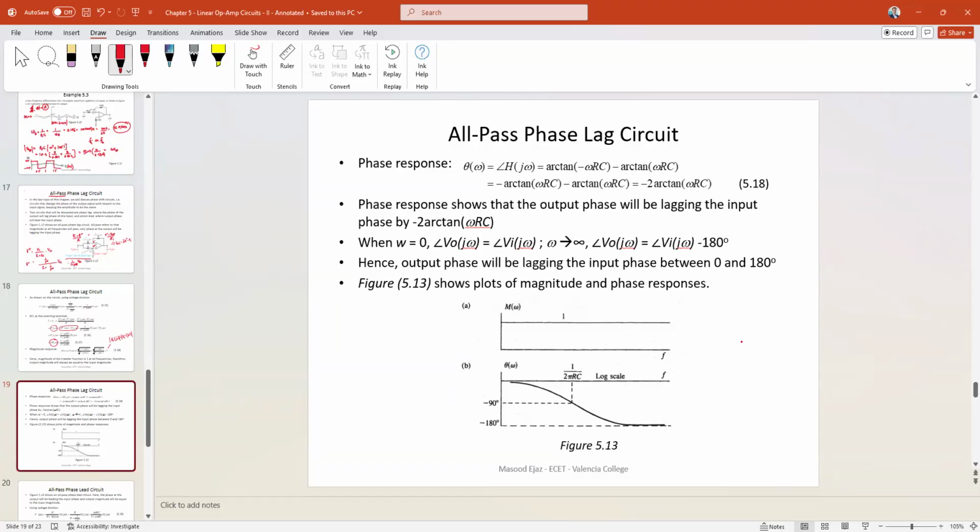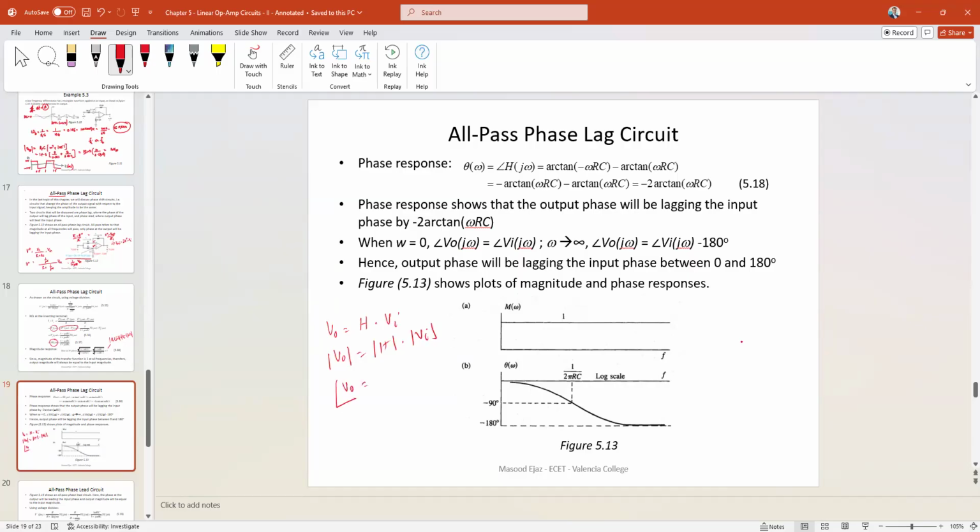And this is the phase of your H of j omega, which is the transfer function between the output and the input. Now, remember the output is equal to H times the input. I'm not showing j omega, but all of these are functions of j omega. So the magnitude of output is equal to magnitude of H times magnitude of input. Remember, magnitude of H is 1, so output magnitude is equal to input magnitude.